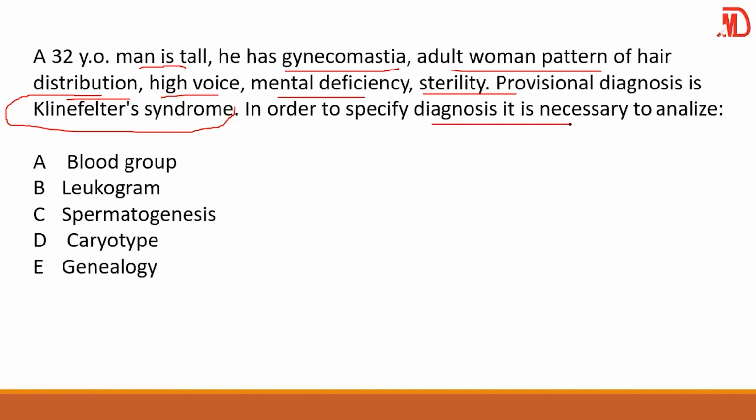All of these things, we're able to know from the karyotype. This is different from the genotype. Of course, genotype also looks at it as well, but mainly we are thinking of the karyotype. So over here, we're going for D.